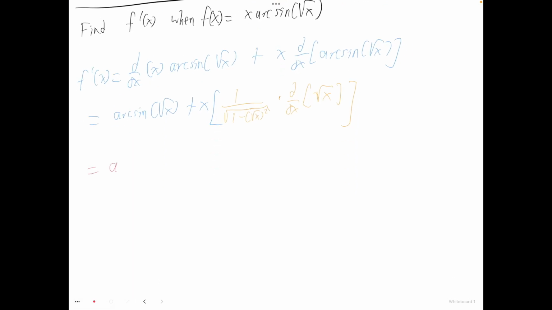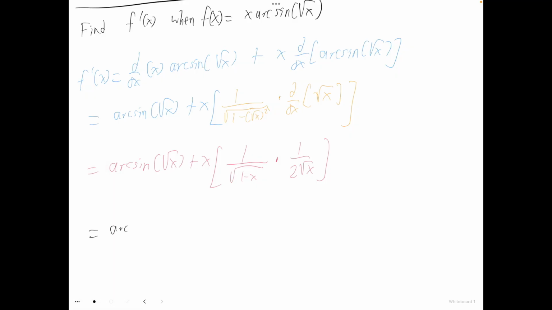So simplifying this, we have arc sine of the square root of x plus x times 1 over the square root of x squared is just x. This is the square root of 1 minus x times the derivative of the square root of x is 1 over 2 square roots of x.